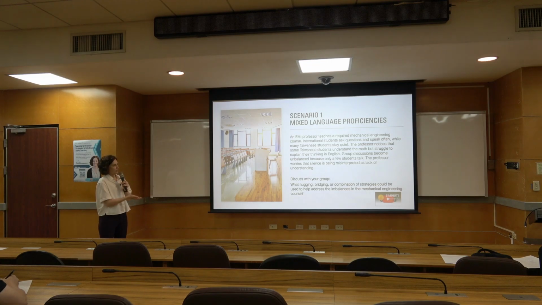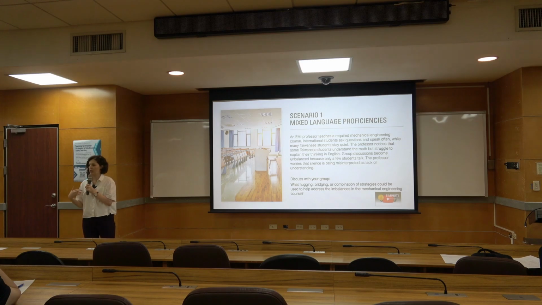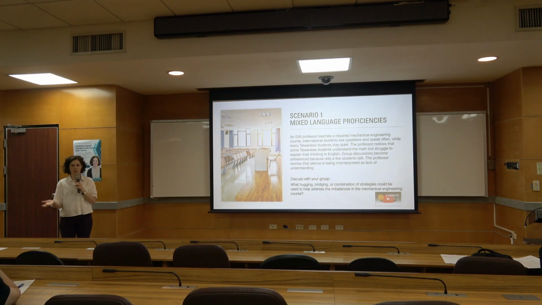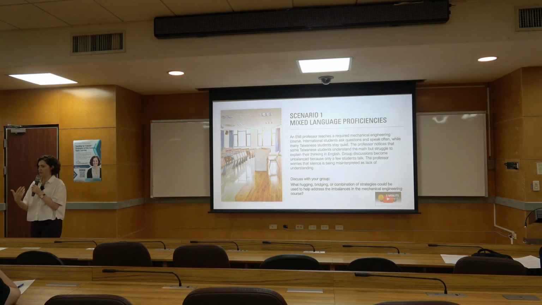So I'll read through the scenario and then I'm going to ask you to discuss with your group what are some strategies, hugging, bridging, or a combination of strategies that might help address this problem. Okay? It doesn't mean it's going to fix everything immediately.